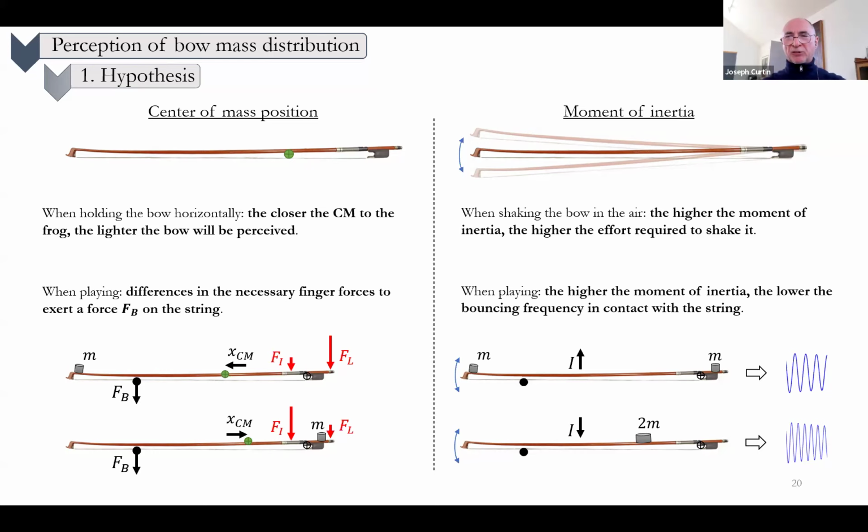Would there be a tendency to match instruments with bows, or would it be random, depending on the players? So is the sense of matching an instrument to a bow real, or is it really just matching a bow to a player? I think there will maybe also be a match between the player and the bow.